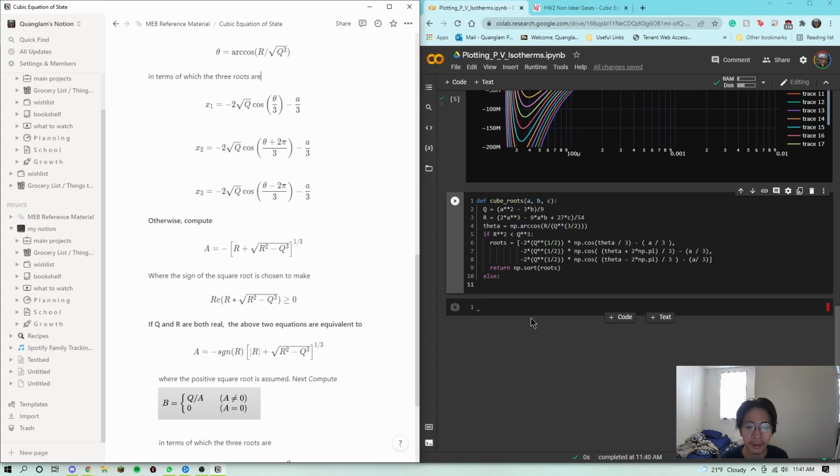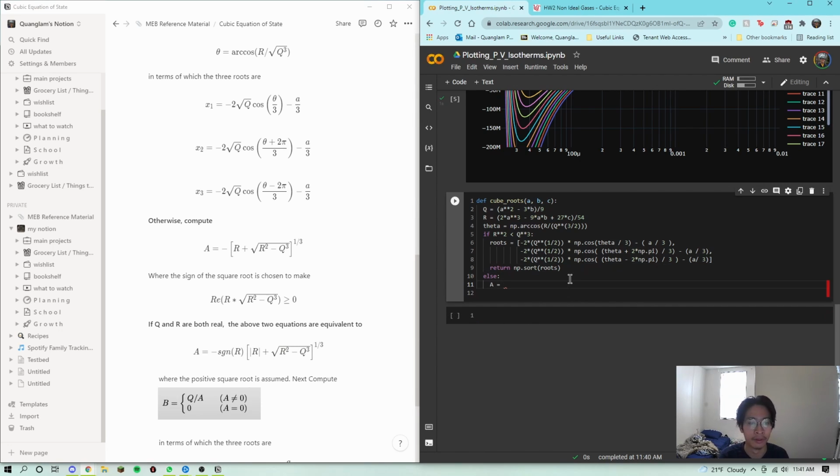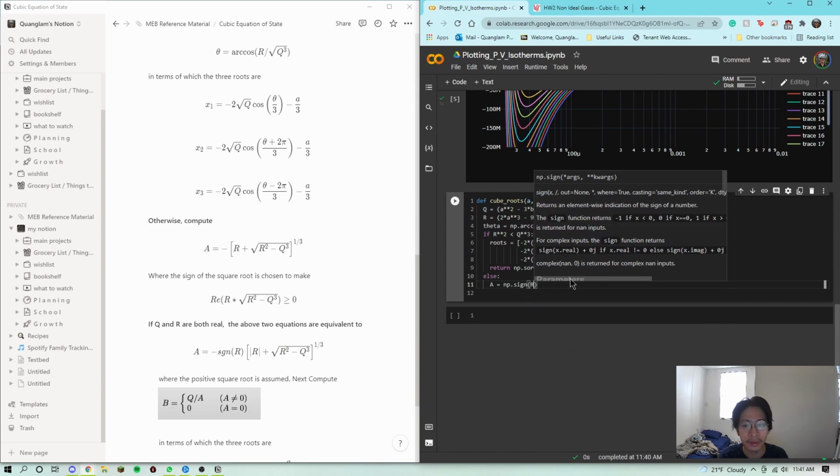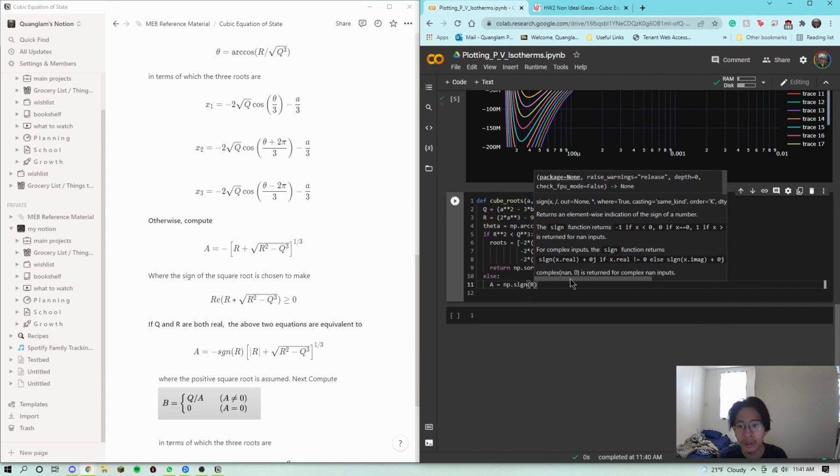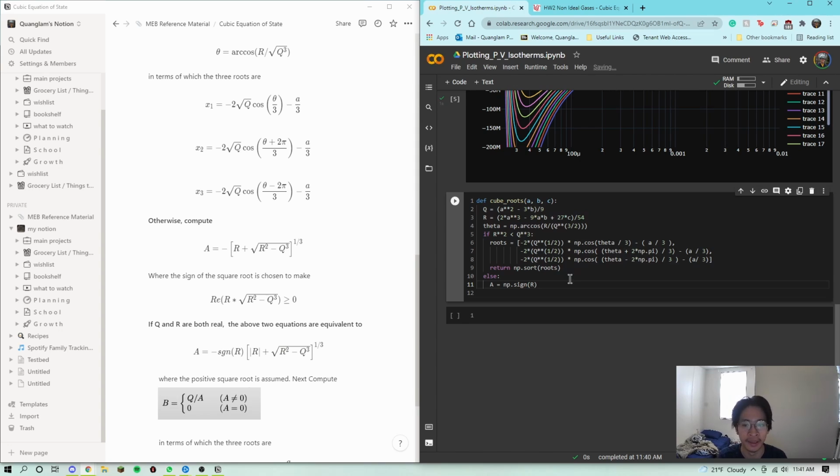So we'll want to compute this. See what happens. Okay. We'll say that A is equal to np.sign(R), and just a quick reminder that np.sign, essentially, if it's a positive number, returns 1. If it's 0, it returns 0. And if it's a negative number, it returns -1. That's all it does. Okay.